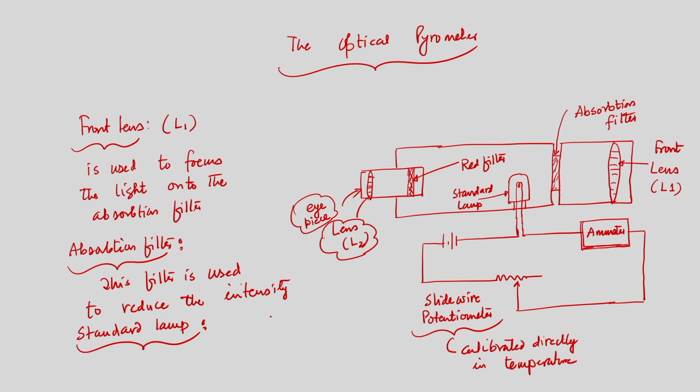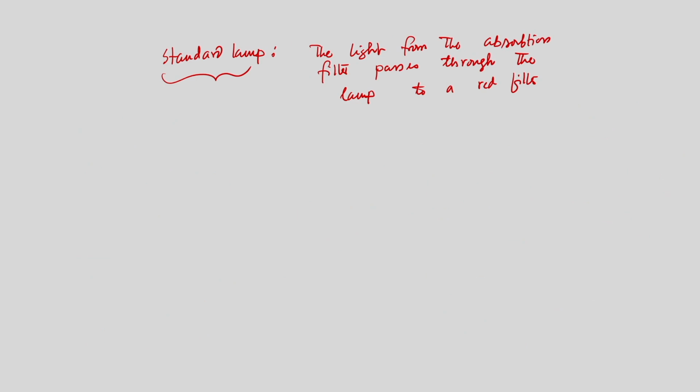So, this is the filament. This filament current is adjusted by tuning, by sliding the potentiometer. The light coming from the absorption filter passes through the lamp, and by identifying something from the light we will try to measure the temperature. Okay. So, this is the standard lamp, that means light from the absorption filter passes through the lamp to a red filter.